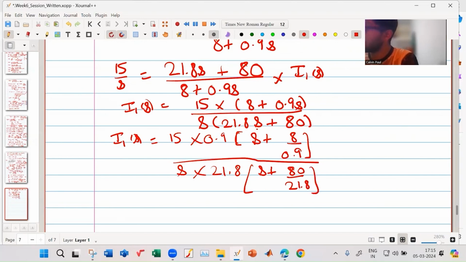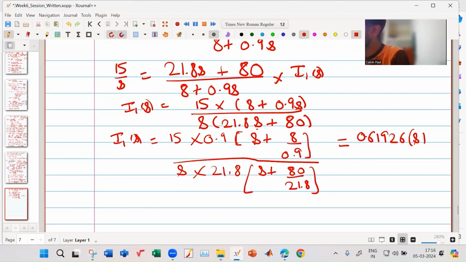So what is 15 into 0.9 divided by 21.8? That actually is 0.619.